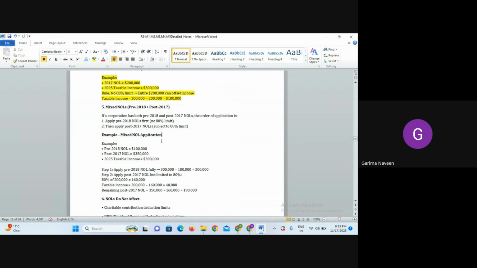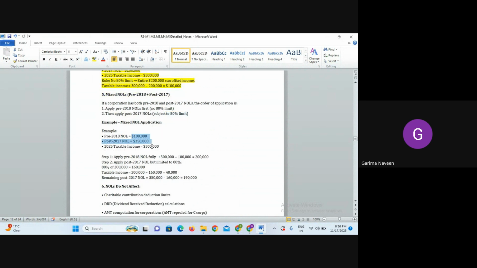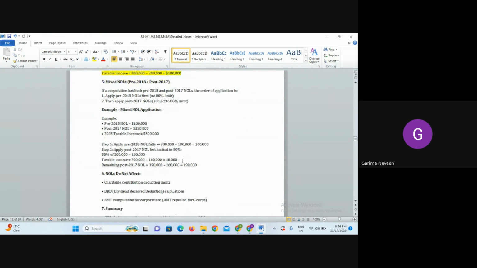So if both losses are given, you apply the pre-2018 loss first, with no 80% limitation, and after that you apply the post-2017 losses, subject to the 80% limit.